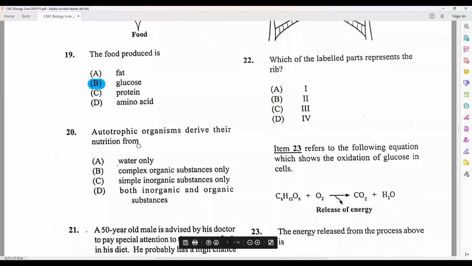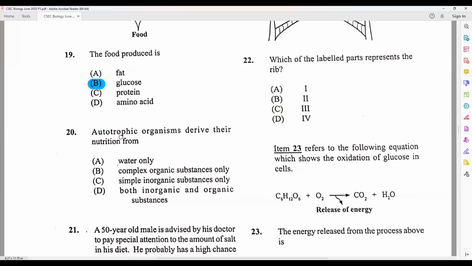Question 20. Autotrophic organisms derive their nutrition from, and we read the answer, water only? No. Complex organic substances only? No. Simple inorganic substances only? Both inorganic and organic substances? No. Autotrophic nutrition, you're thinking something like plants.